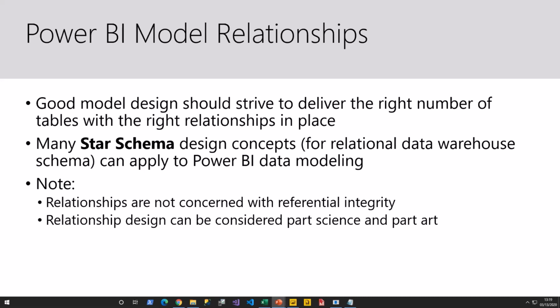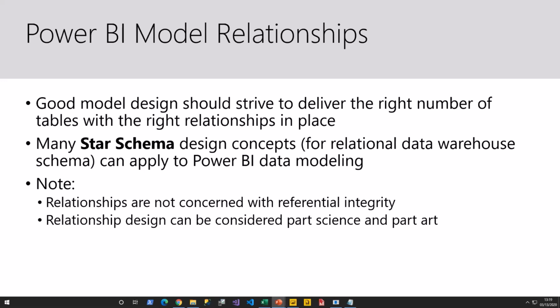Secondly, when it comes to relationship design, it can be considered part science and part art. All right. What I mean by this is there can sometimes be multiple ways to achieve the same result. Different tables with columns, different granularities, different relationships. You can still achieve the right result, and there isn't perhaps just one way to do it.